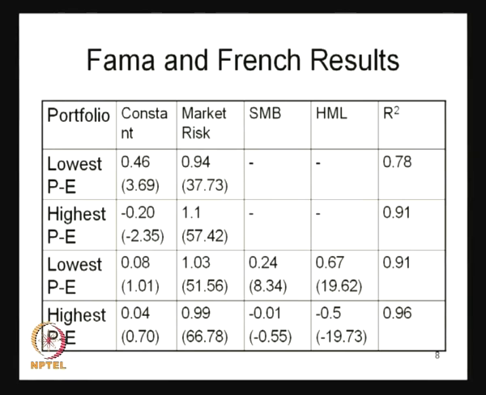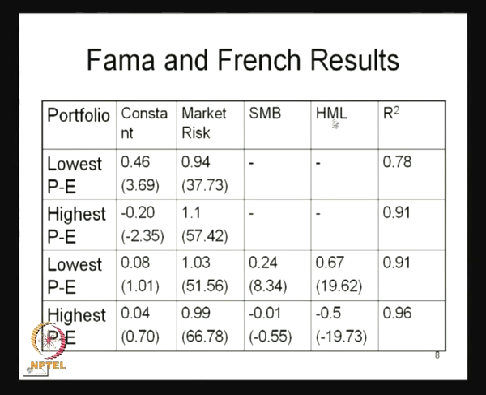Then, if you observe Fama's result, Fama has taken two portfolios. One portfolio they have taken is of companies which have a low price earning ratio, and another portfolio of those which have the highest price earning ratio.